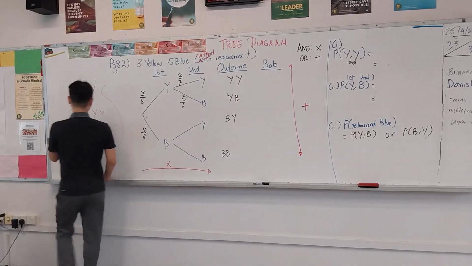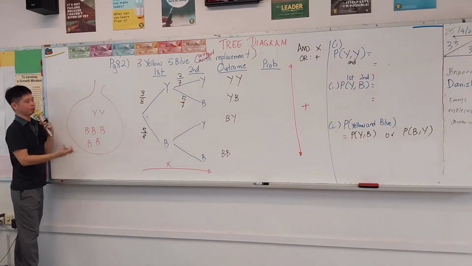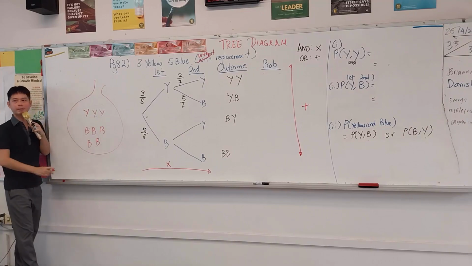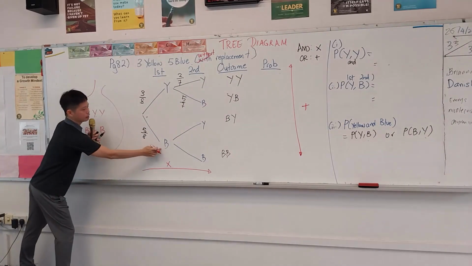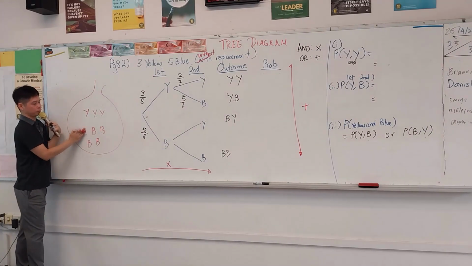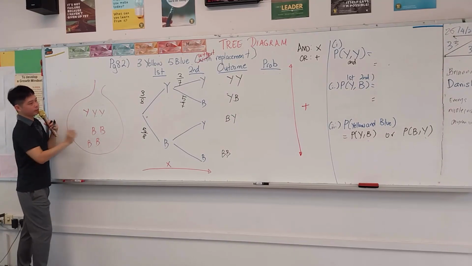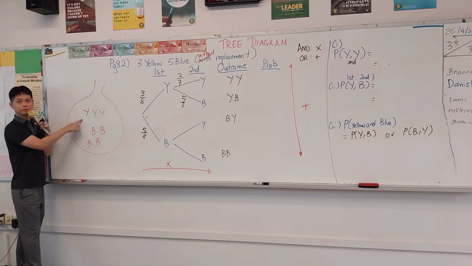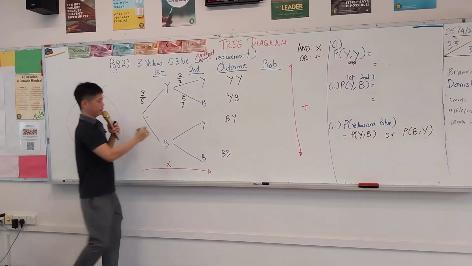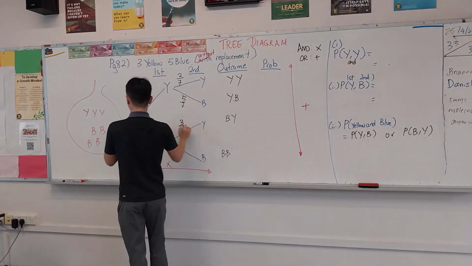Okay. Now I'm going to reset back to the original, but the first one now, I draw a blue. What's the probability of getting a yellow? 3/7. Why?